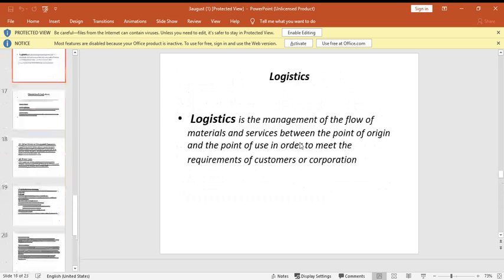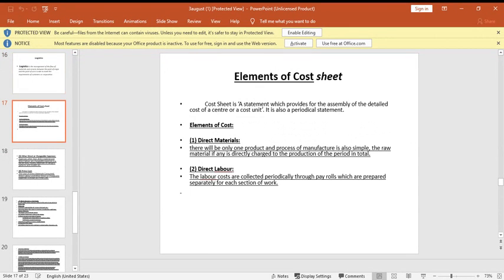So these are the 12 elements which we have in cost.